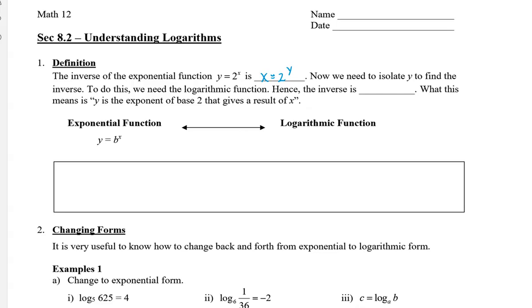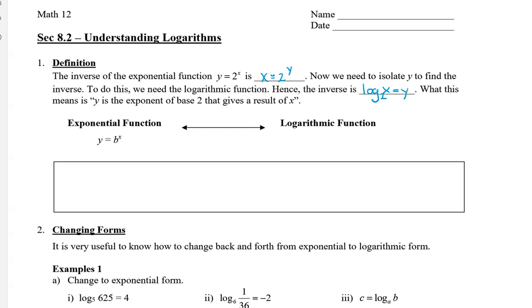So I'm going to write this down and then I'll explain it after. The inverse is going to be log base 2, which I can write as a little 2 below the line, and then we have an x, at the same height and size as the word log, and that equals y.